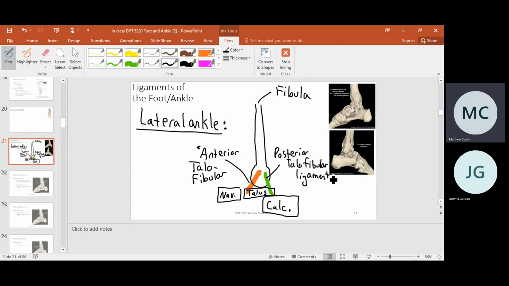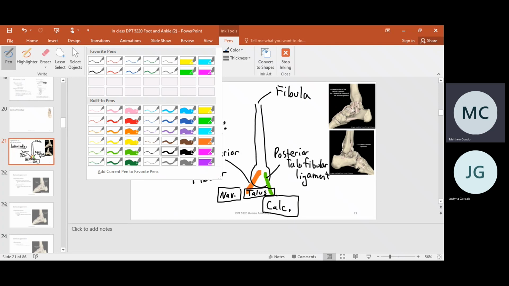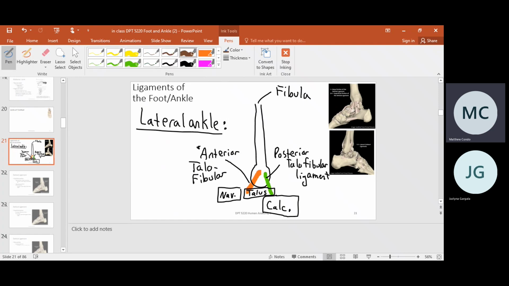All right, one more ligament here, and then we'll take a 5-minute break, okay? The other ligament I'm going to have here is going to be in the posterior compartment, and it's going to be the calcaneal fibular ligament. So the calcaneal fibular ligament is located exclusively in the posterior section.